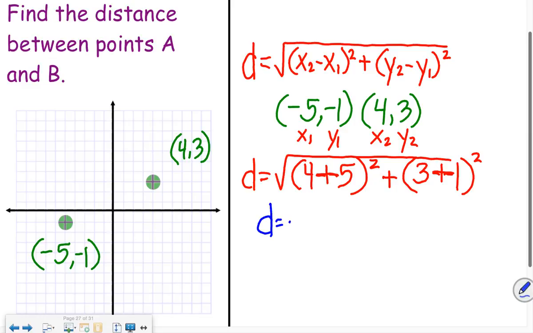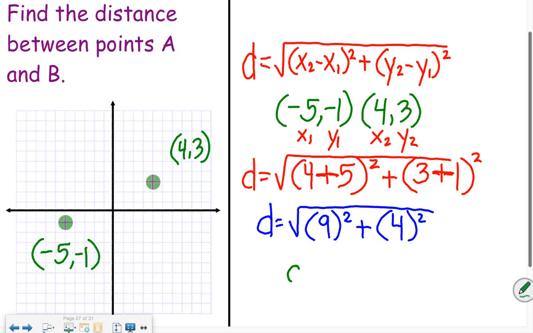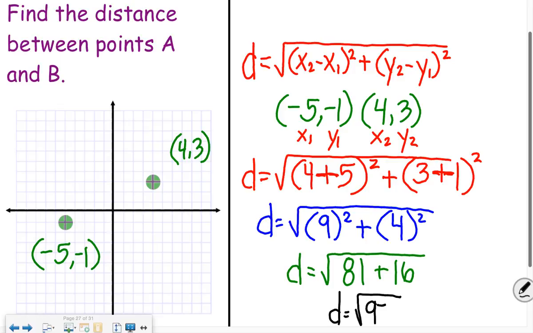All right. 4 and 5 make 9. 3 and 1 make 4. 9 squared is 81. 4 squared is 16. 81 and 16 make 97. Square root of 97 is 9.8. So the distance between those two ordered pairs is 9.8.